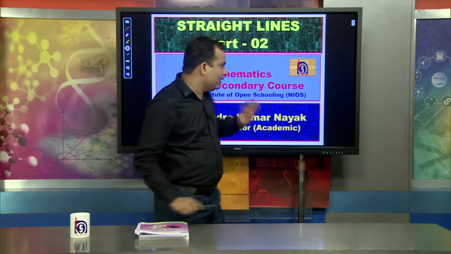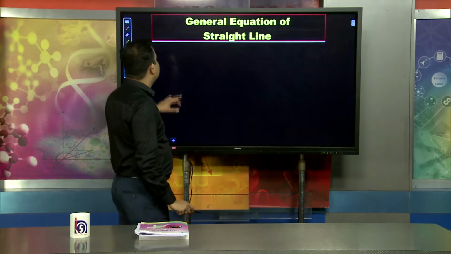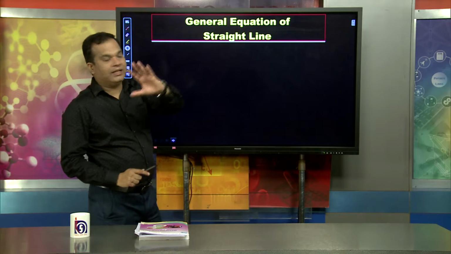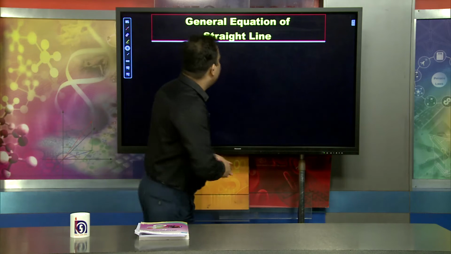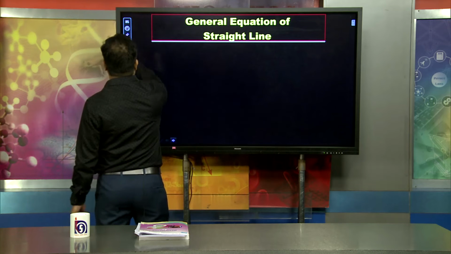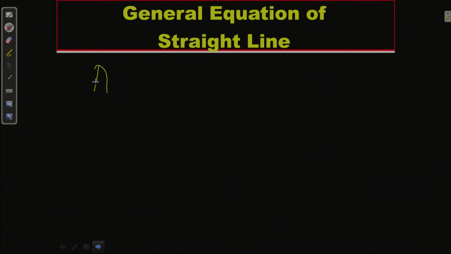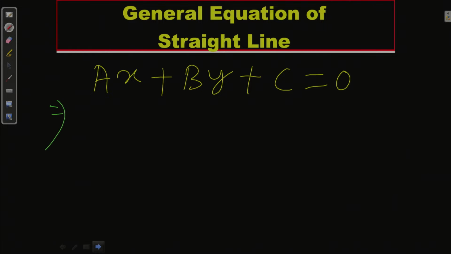Dear learners, first you must understand the general equation of the straight line. It is simply Ax plus By plus C equal to 0. When we want to reduce it into another standard form, you will find it like this.